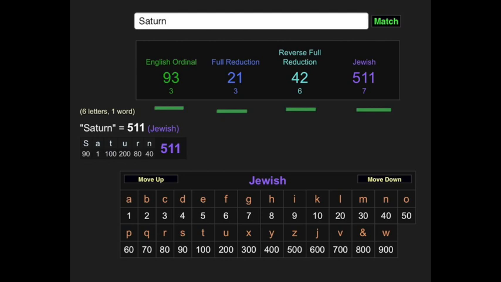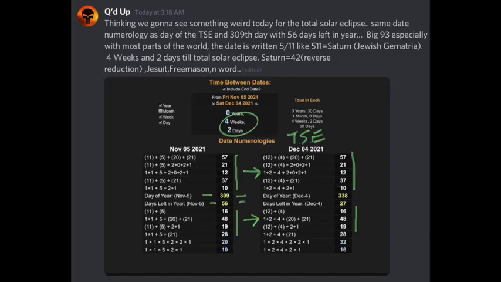But the big thing I need you guys to look at to understand the murder by the numbers is the date numerology for the total solar eclipse and for November 5th. The 309th day of the year has all the same date numerology, except for the multiplication at the bottom. Don't worry about that. I really don't look at that much anyway.